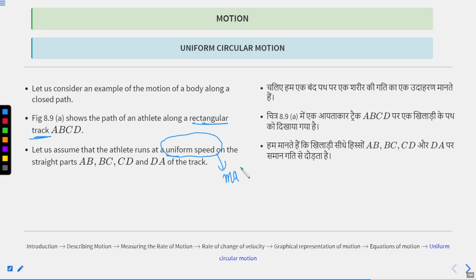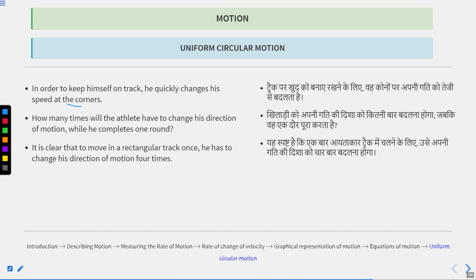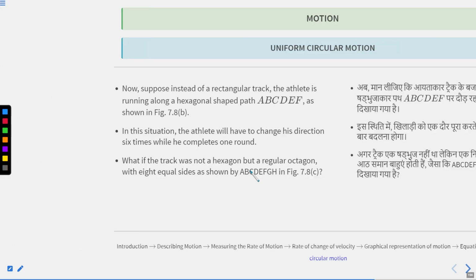It means the velocity's magnitude, which is speed, is constant, but direction is continuously getting changed, at every corner. And how many times does the direction get changed on a rectangular track? 4 times. So its velocity is getting changed.